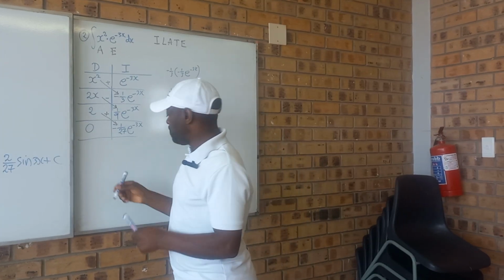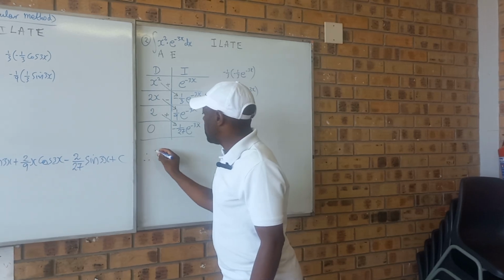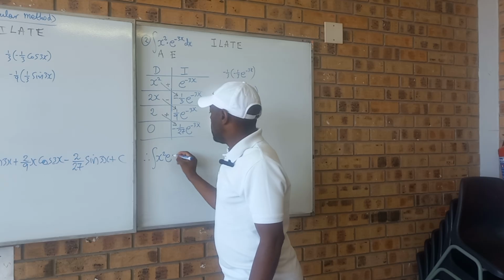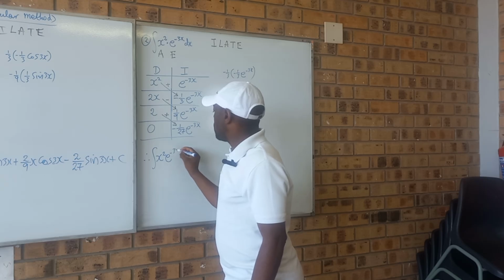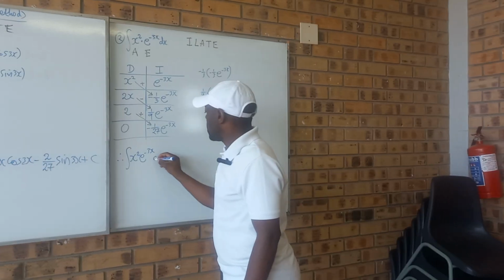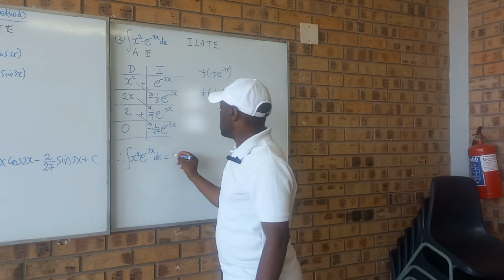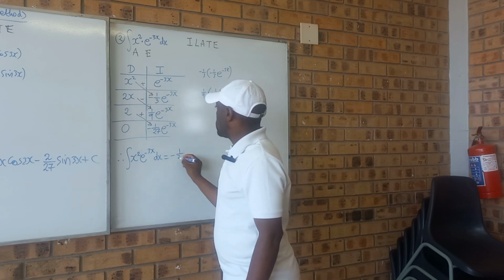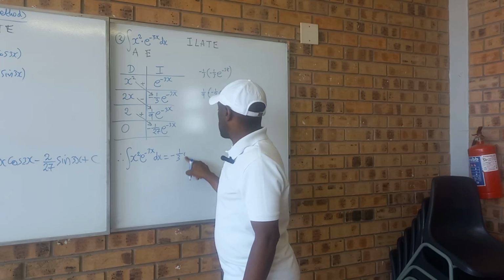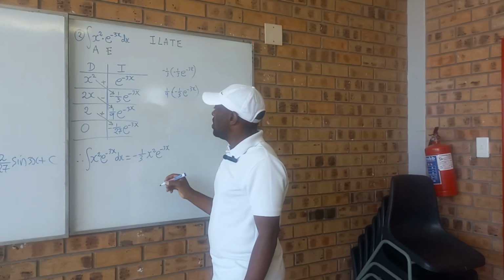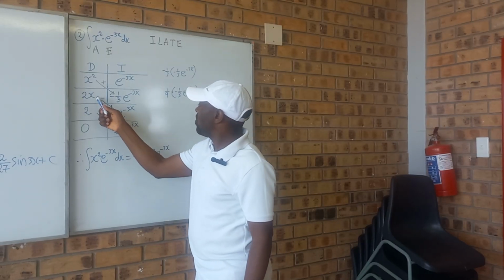So finally, the integral of x squared e to the power negative 3x dx should give me, the first term, negative 1/3 x squared e to the power negative 3x. My second term, I multiply this.